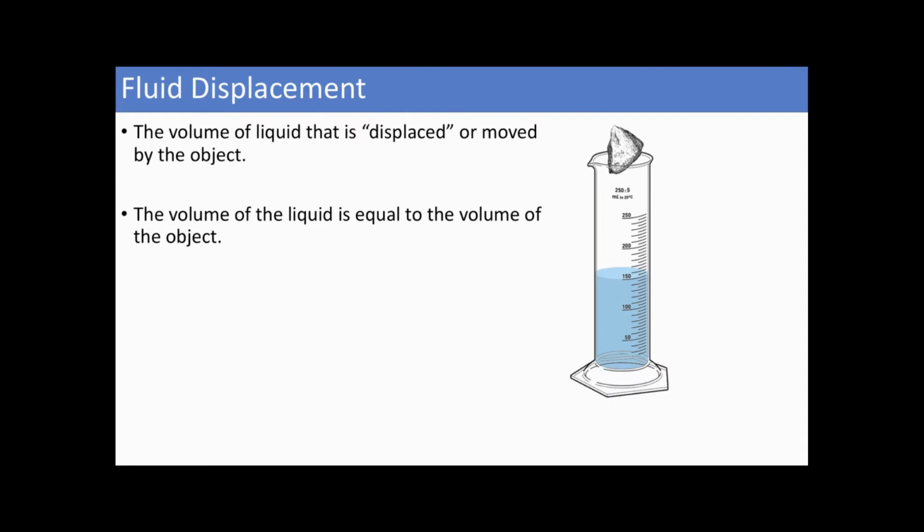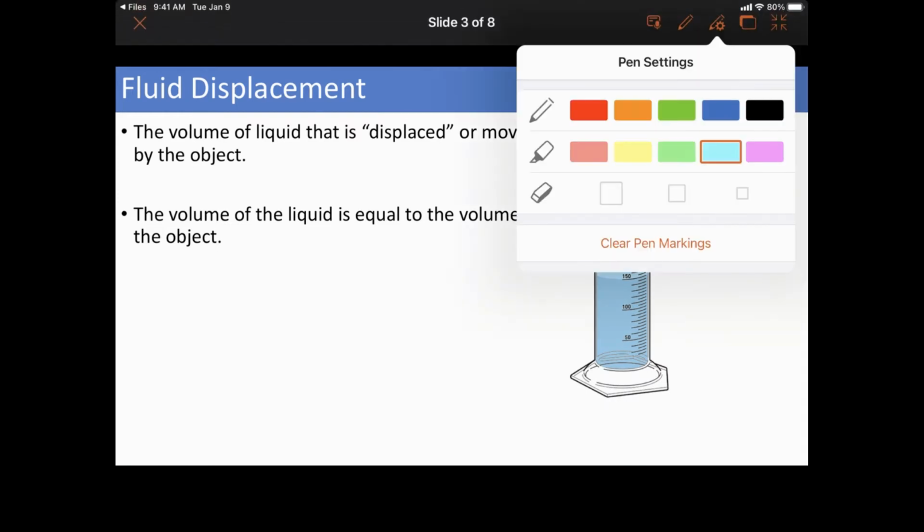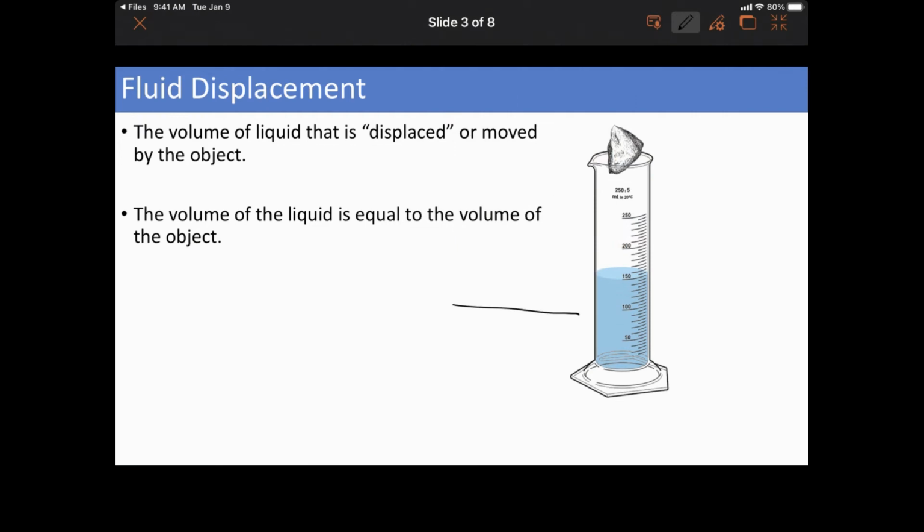So this is called a graduated cylinder, something you may see in a science class. And we can see that the water is right here, right? Here's the level. So it looks like 150 milliliters, which goes with cubic centimeters.